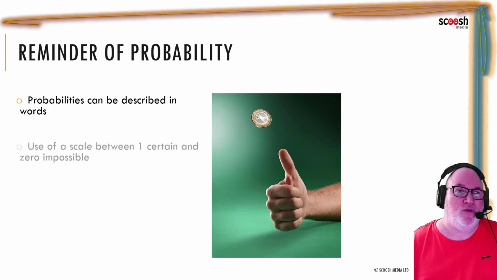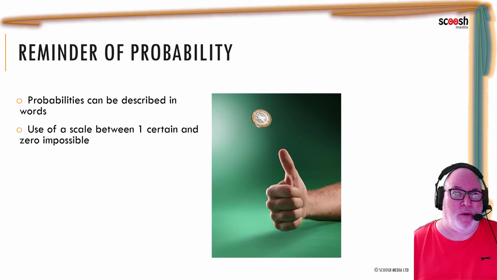Let's have a wee look. There's also a scale that we can use as well, where we have the one that's certain. It's definitely going to happen. So the words can go in line with that. So we have the scale of 1 certain, the 1 to 2 chance, which is half the possibility, 1 out of 2, and also the 0 for impossible.